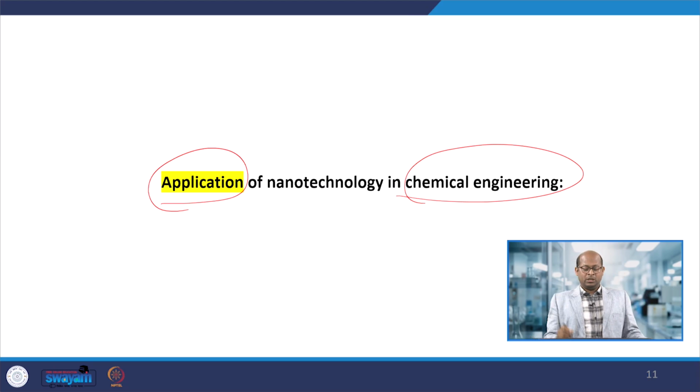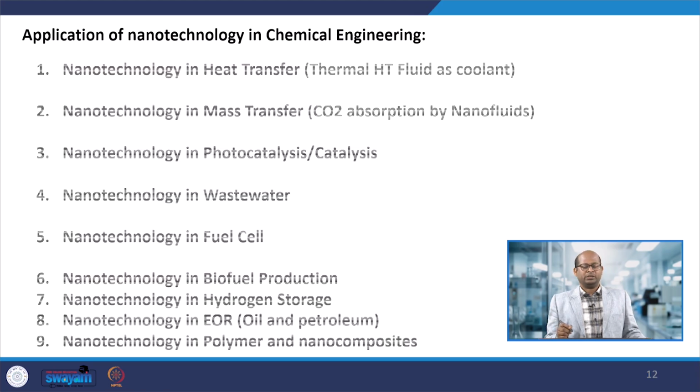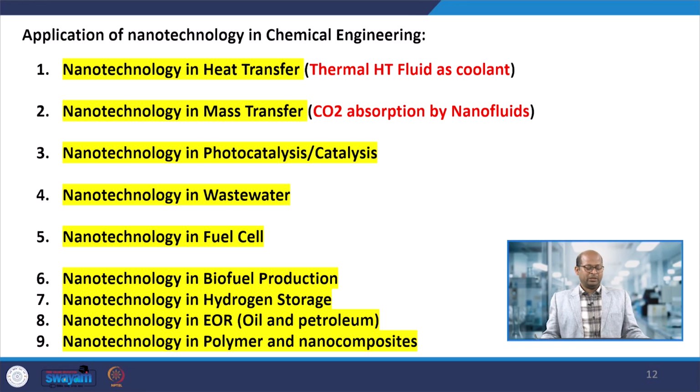So only from the chemical point of view, where we can use those materials, we will discuss. Today we will just give a preliminary idea of the individual applications, and we will discuss them in more detail later. Okay. So here I am showing a list of chemical engineering oriented applications.